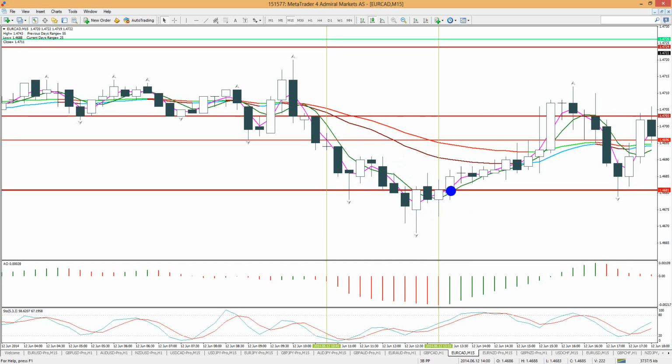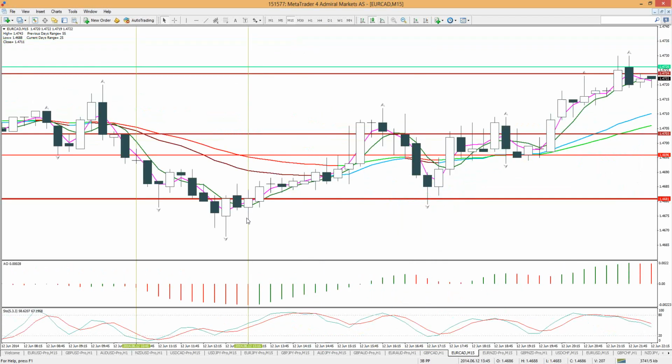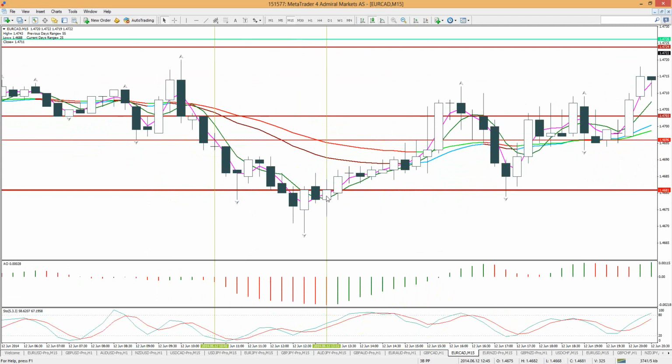Now you can see that the place where the exit happened is in fact a pretty good exit, considering that after that we moved up quite a lot. It's not always that neat, but no one particular exit ever would be. But it did a good job here, and obviously if you would have exited here it would have been better, but you never know without predicting where the price could turn, because it could fly and continue a lot lower.